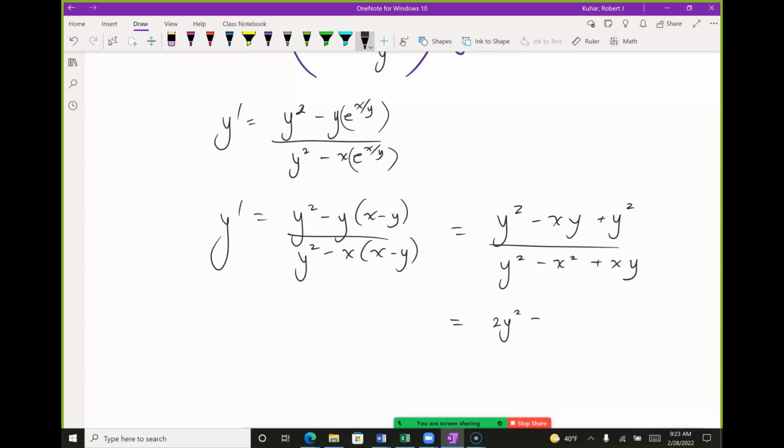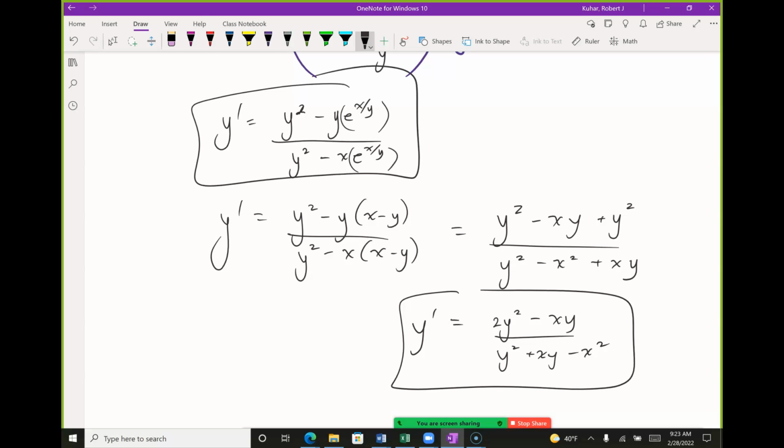Two y squared minus xy over y squared plus xy minus x squared. I don't know if it's any better than this one. But I mean, I could factor out a y upstairs, which is going to keep putting me in a circle.